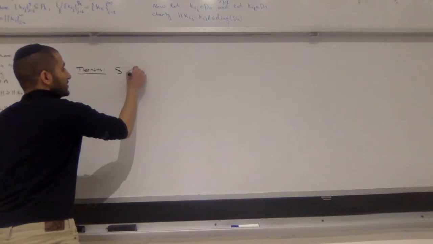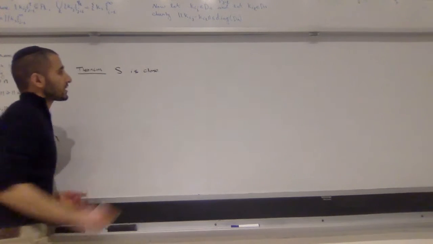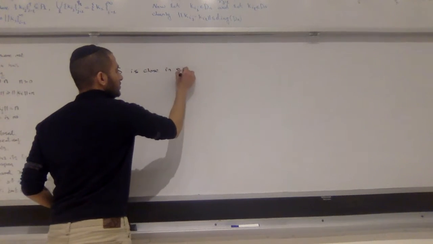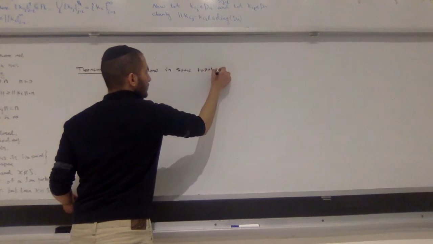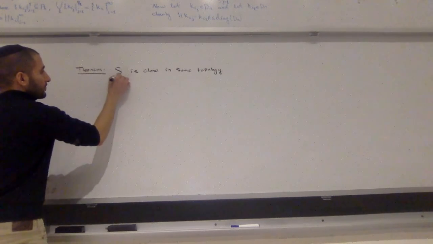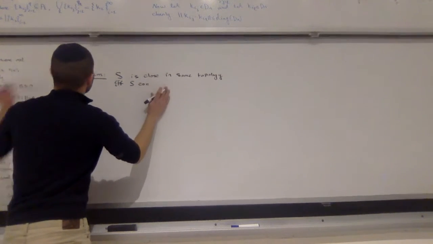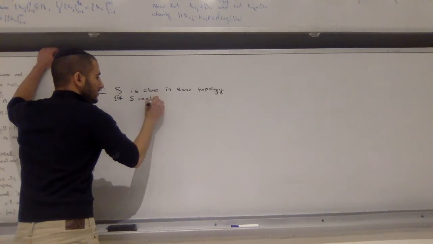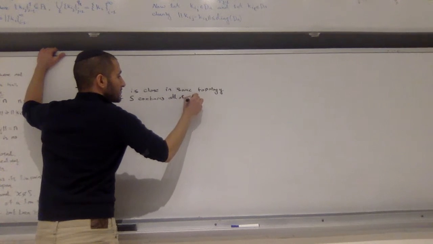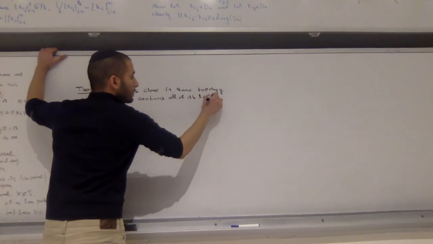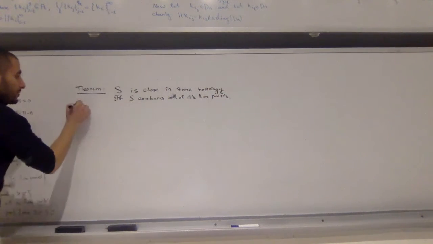S is closed in some topology if and only if S contains all of its limit points. Okay.